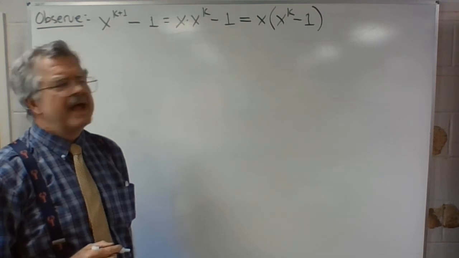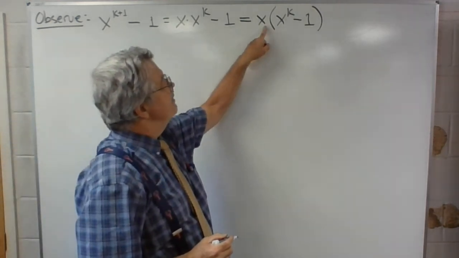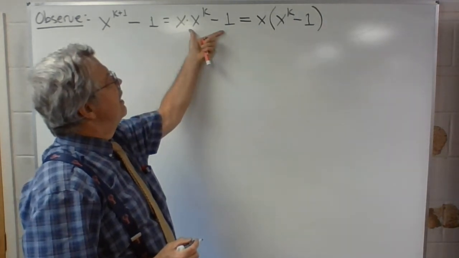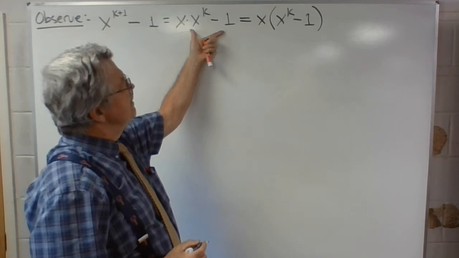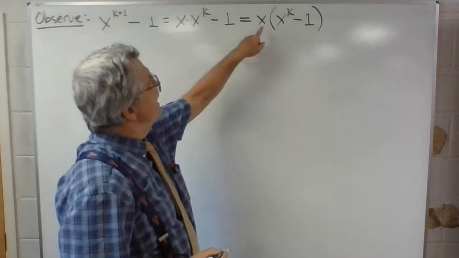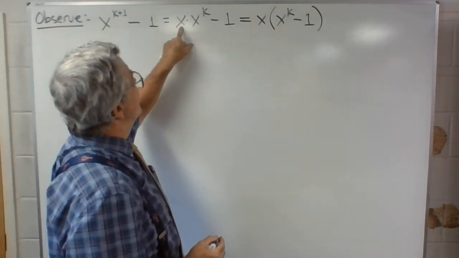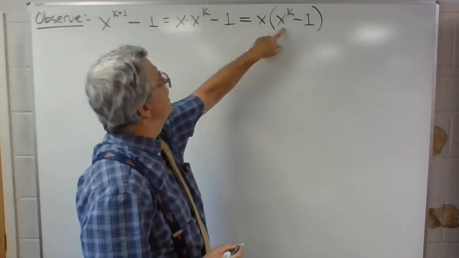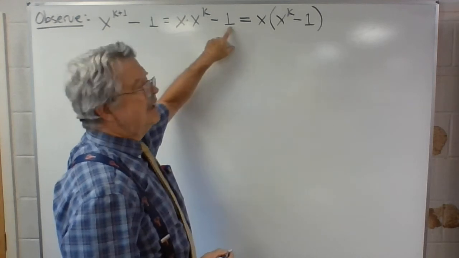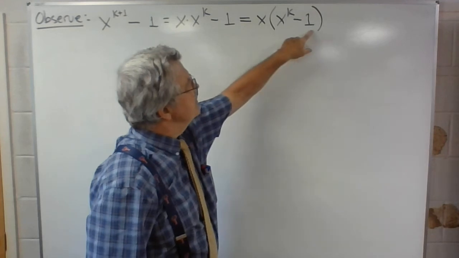Well, I can't do that. In essence, I've subtracted x from this expression. Well, let's see. I have x^(k+1), or x times x^k, minus x, oops, I don't have an x in here that I'm subtracting, but I've subtracted x.